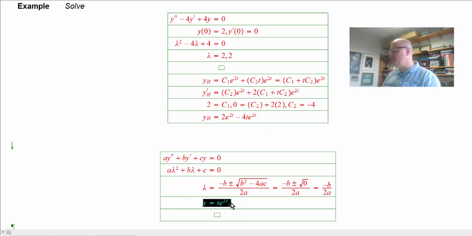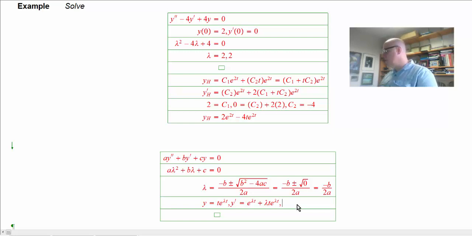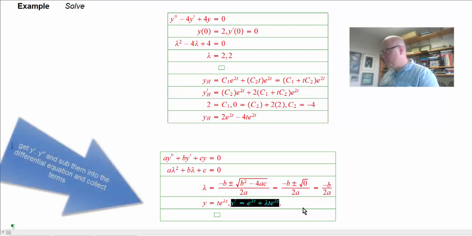So I need to show that this solves this differential equation. I need its first derivative and its second derivative. Here I've got to do product rule: derivative of the first, leave the second alone, plus leave the t alone times the derivative of the second. And now I also need y prime prime.